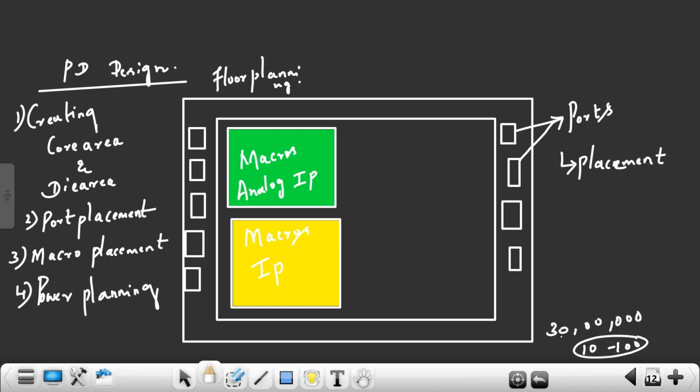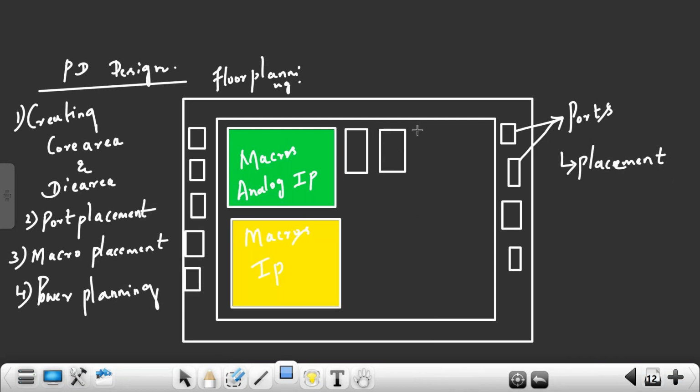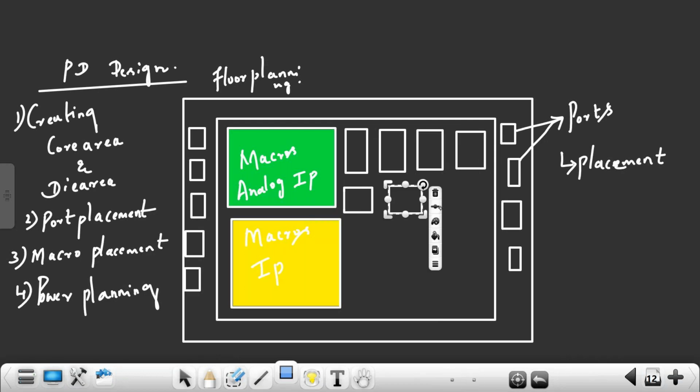You have placed only the smaller amount of macros. Still, I have to place what? 30 lakh cells. So placing that standard cells inside core area is called as what? Placement. So I will place the standard cells here. All these are standard cells. Standard cells are very small in size.